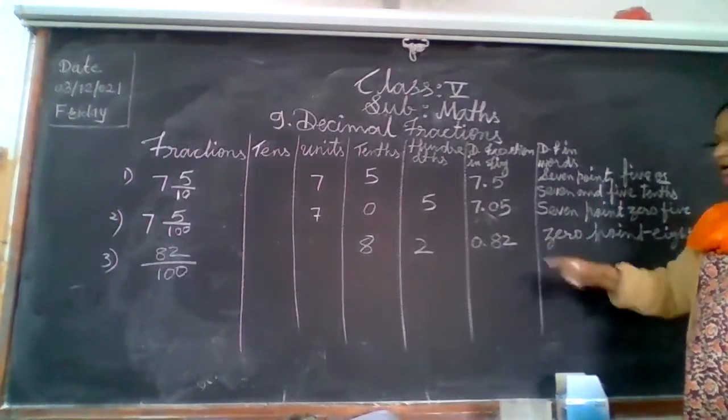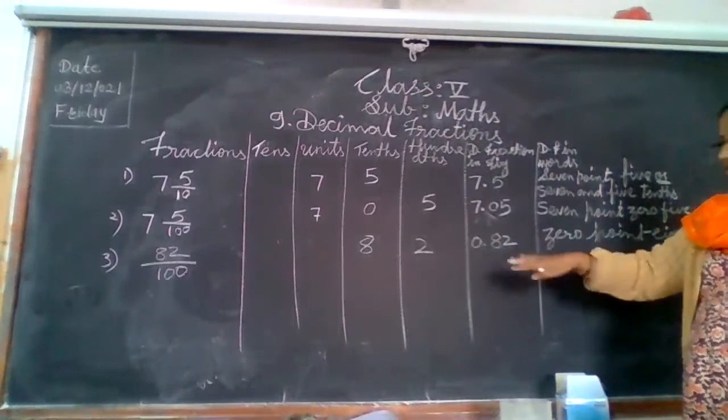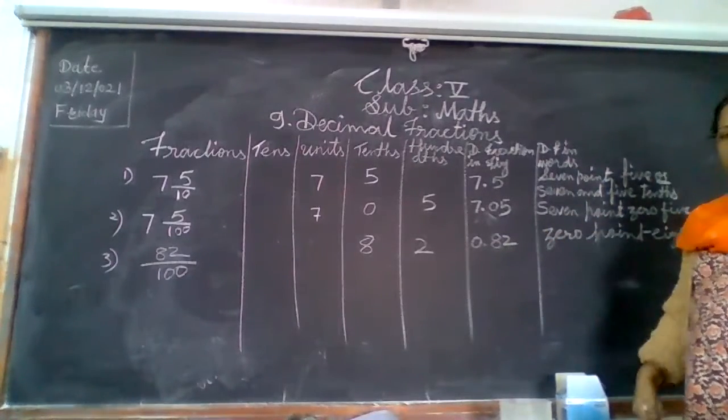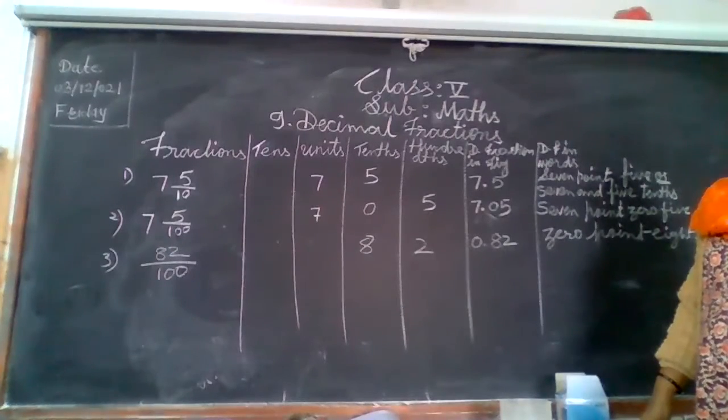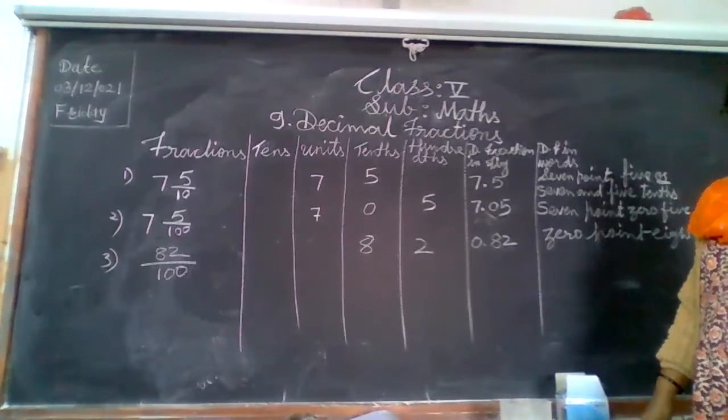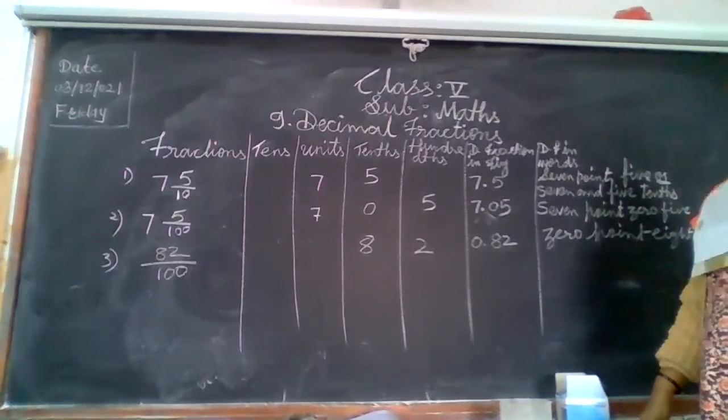You have to read the place value of the 82. It is 82 hundredths.